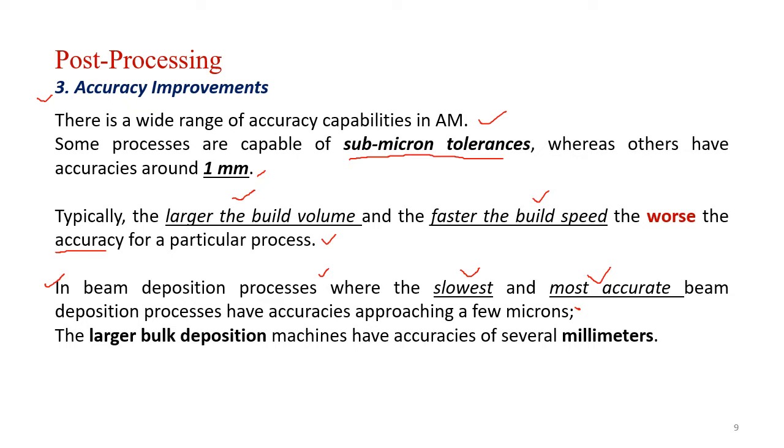Larger build deposition machines have accuracies of several millimeters also. So to have accurate parts and better tolerances, we can go for high-end machines. There we can get quite accurate products built from this technique.